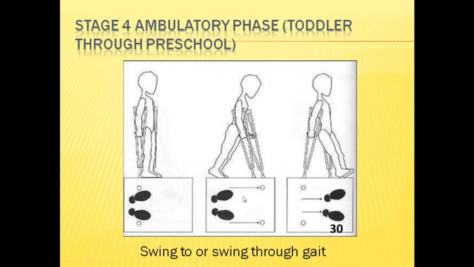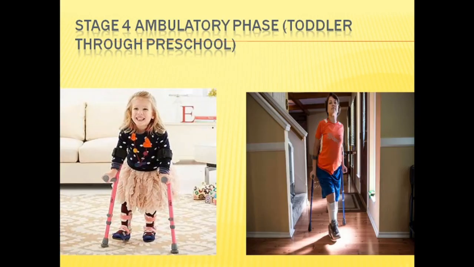First the child brings both crutches forward, okay, and then swings through the crutches and brings both legs forward, right? Then you can progress to the 3-point gait also. Okay, so this is walking with crutches.